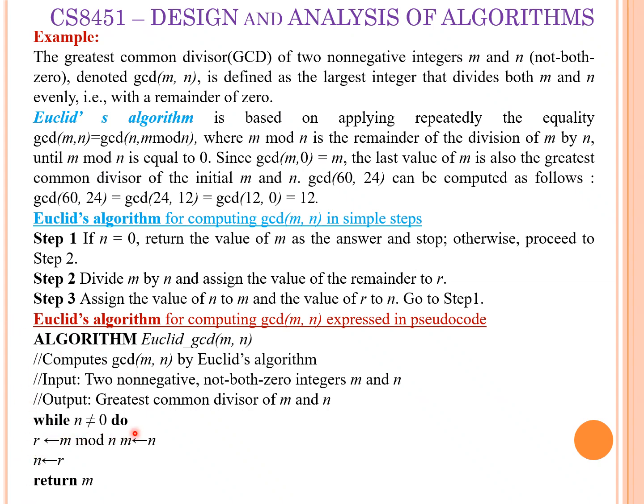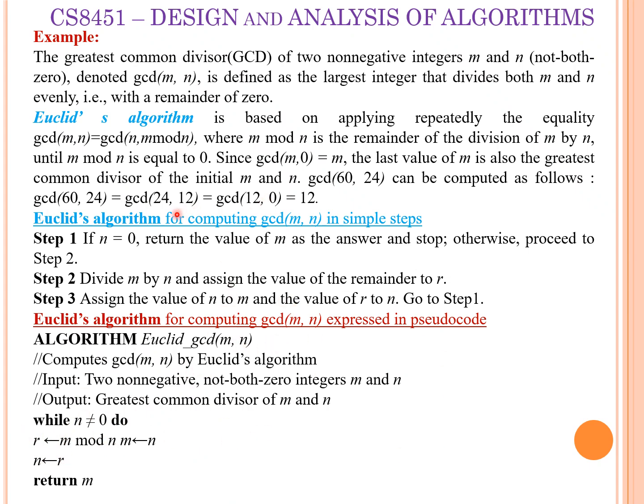While n not equal to 0, do: r is assigned the remainder value m mod n. Whatever remainder value comes from m mod n will be stored in r, and the n value is assigned to m. Once r has been found, r has to be passed over to n.